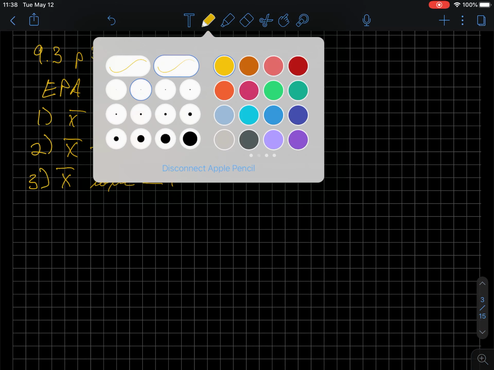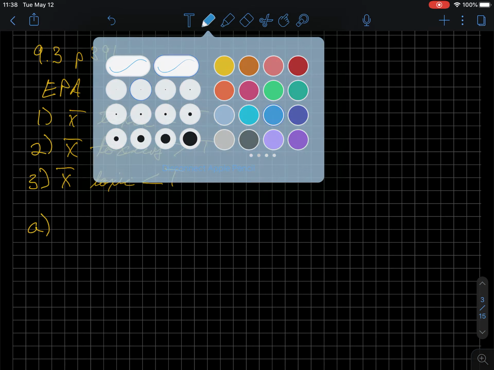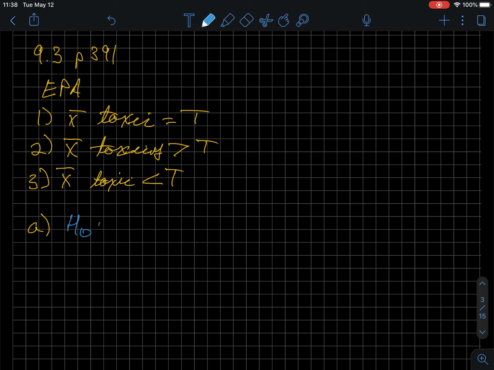So what the question is now asking us in part A is which of the statements should be the null and which the alternative hypothesis when the burden of proof is on the EPA to show the new pesticide is harmful. So the null is going to be what exactly, right? We would say here that the null is the average toxicity equals T, the threshold.